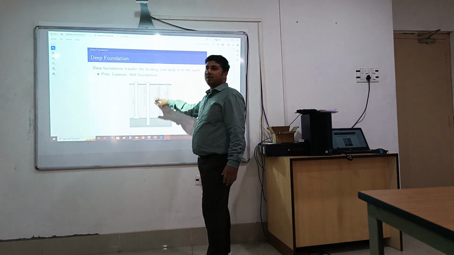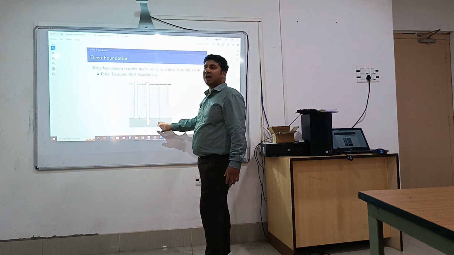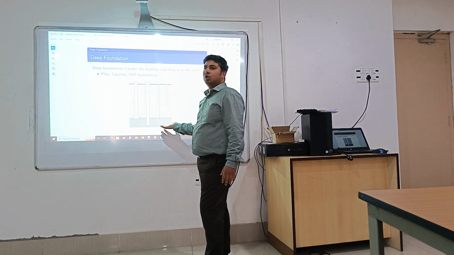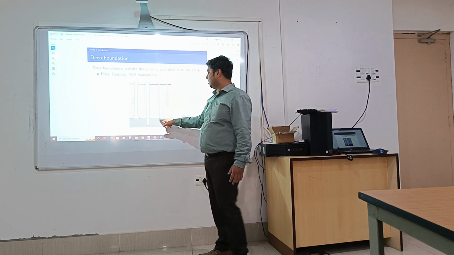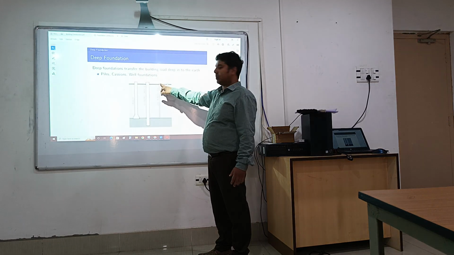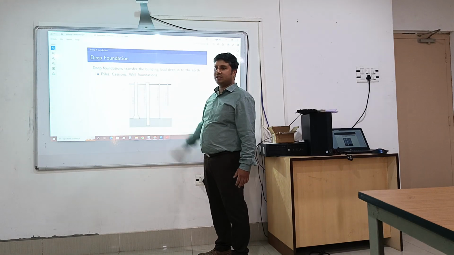In an end bearing pile, the pile is drilled to the strata where there is hard soil at the bottom, to a much greater depth, and the load is taken mostly by the end bearing from the hard strata. Or it may be a combination of friction and end bearing.